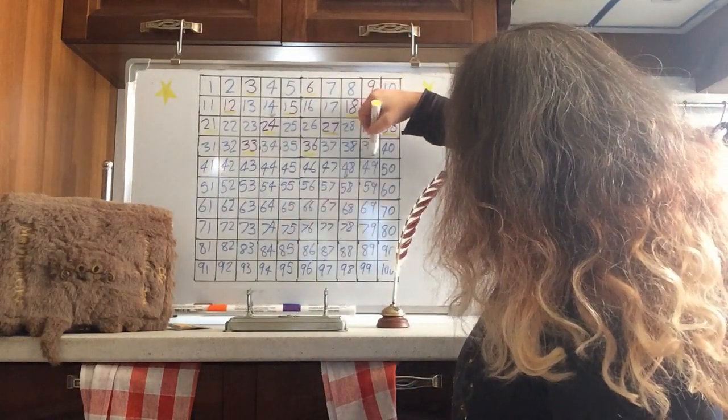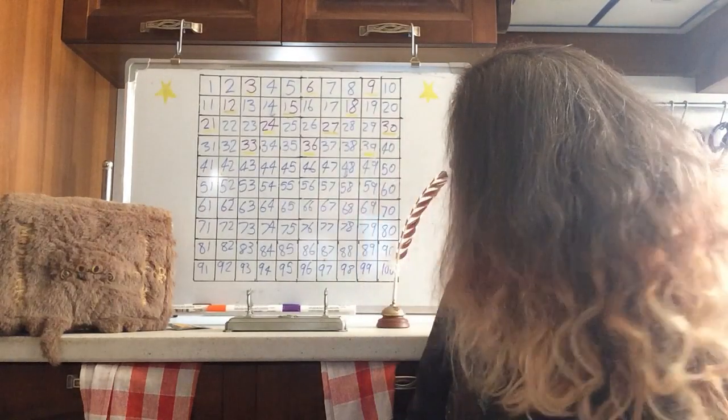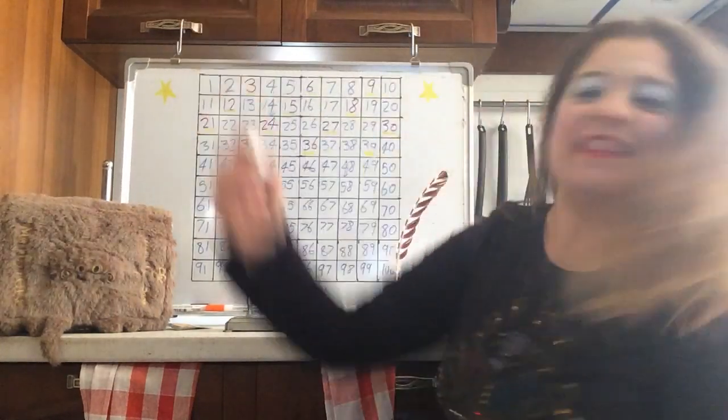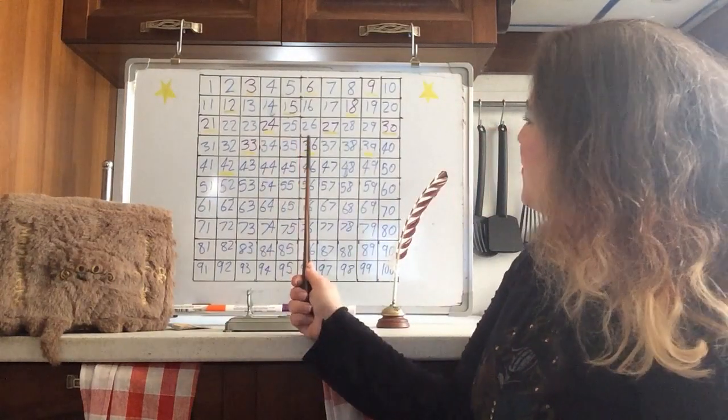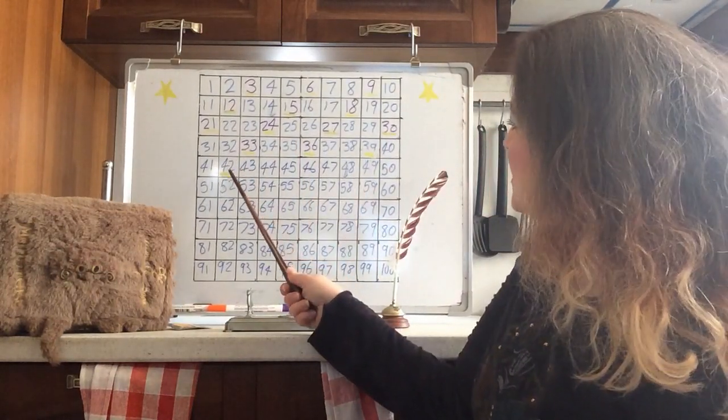After 36 is 39. Very good. Okay, what comes next? Excellent. 42 is the next number. All right, so after 36, we have 39 and then 42.